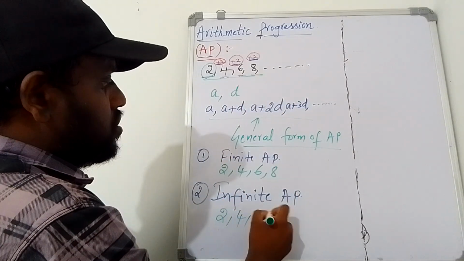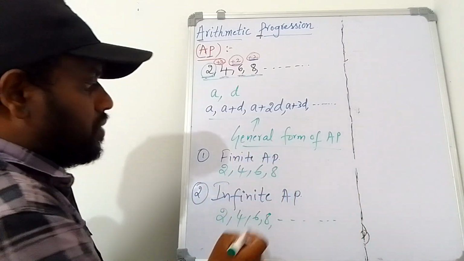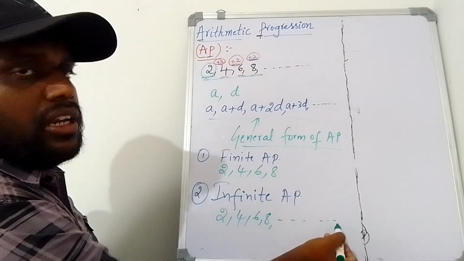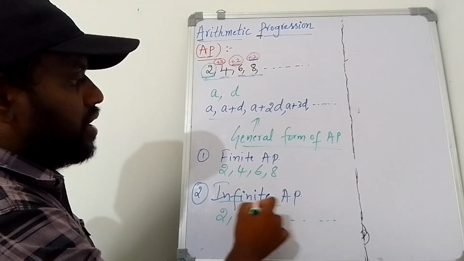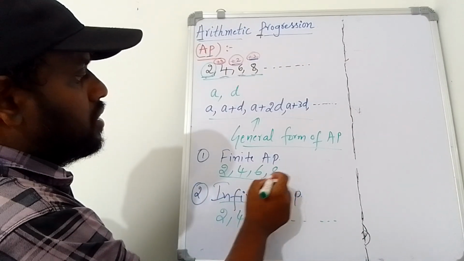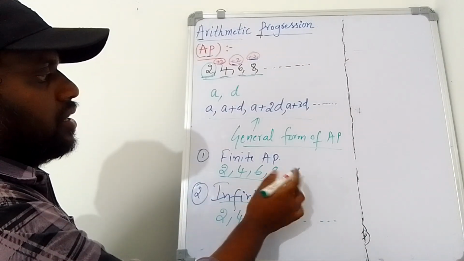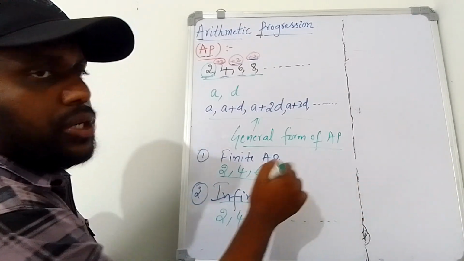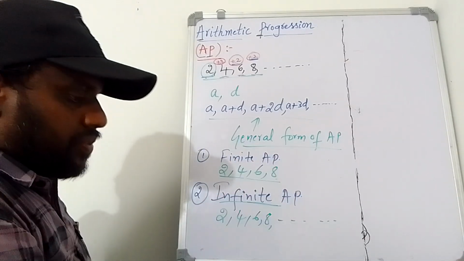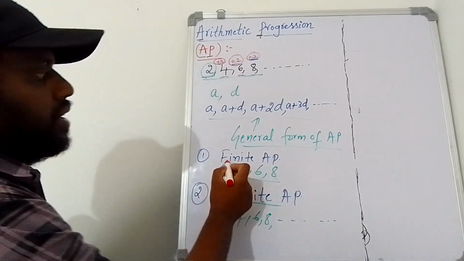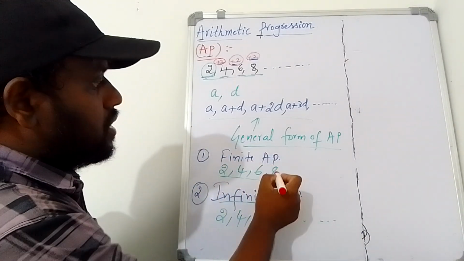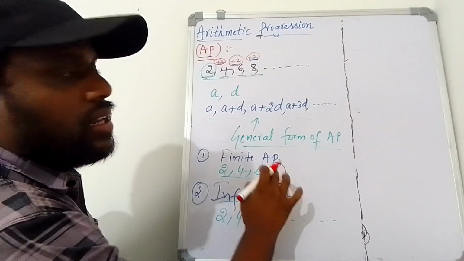2, 4, 6, 8, etc. Numbers will continue till infinity in this AP, so this is an infinite AP. Here numbers will stop here only. Numbers will not continue. This is a finite AP. A finite AP is the AP that has a last term. So 8 is the last term.